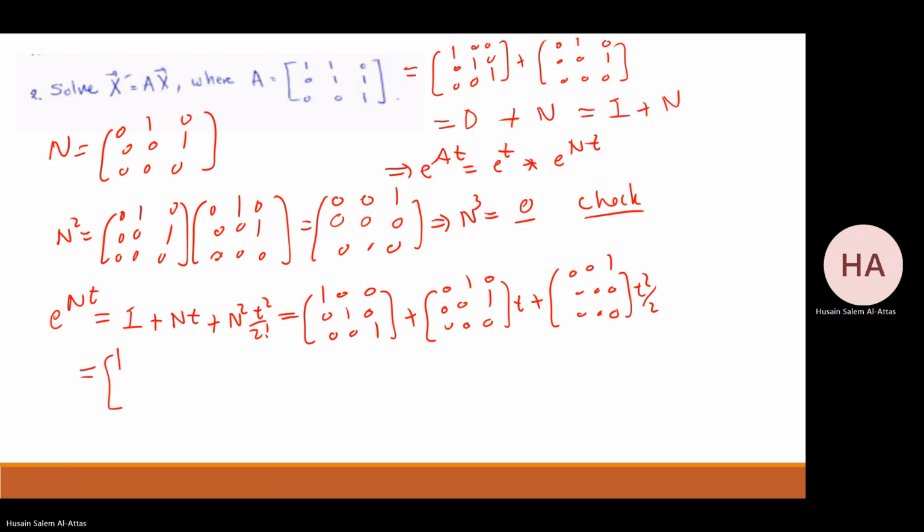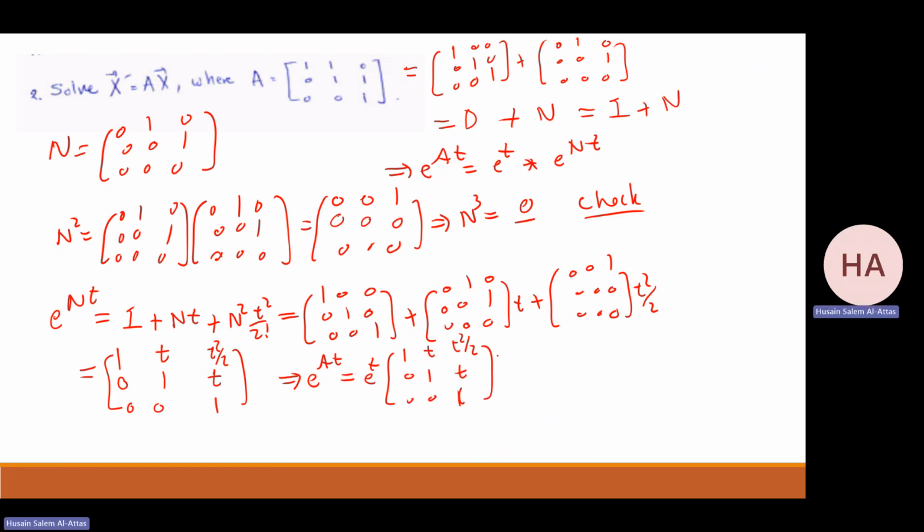That gives me 1, t, t squared over 2, then 0, 1, t, then 0, 0, 1. What will be e to the power At? It will be e^t times this matrix. What will be my solution?